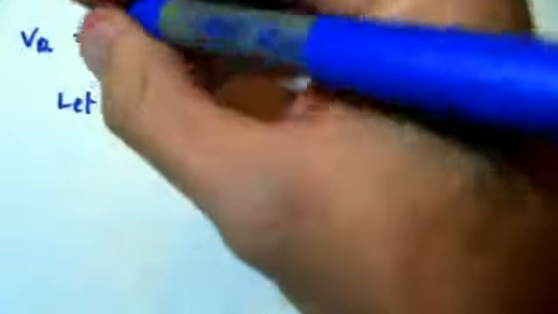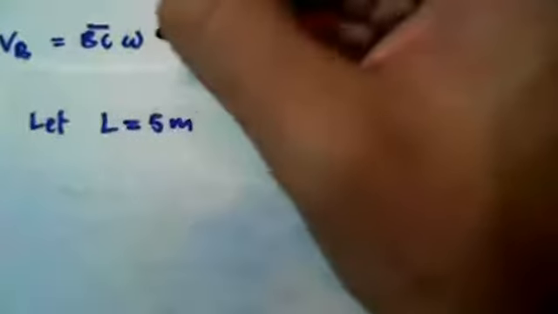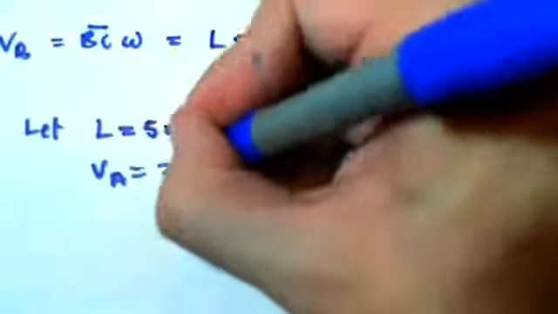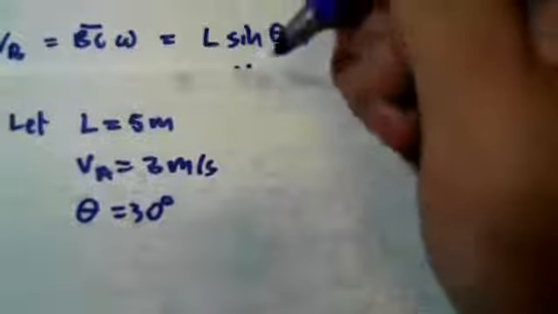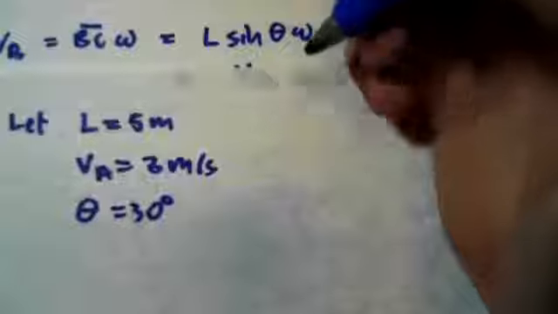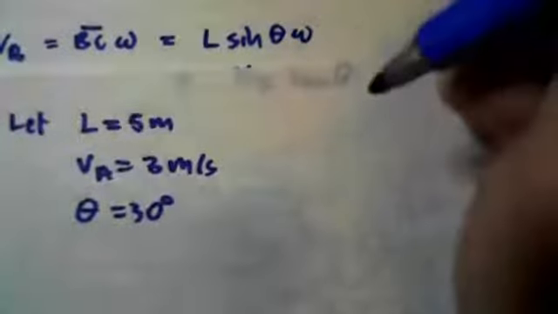So say we let the length equal 5 meters, and the velocity of A equal 3 meters a second, and our angle theta equals 30 degrees. That's all we need to determine our velocity of B and our angular velocity. And we can also determine our length BC in terms of these quantities.